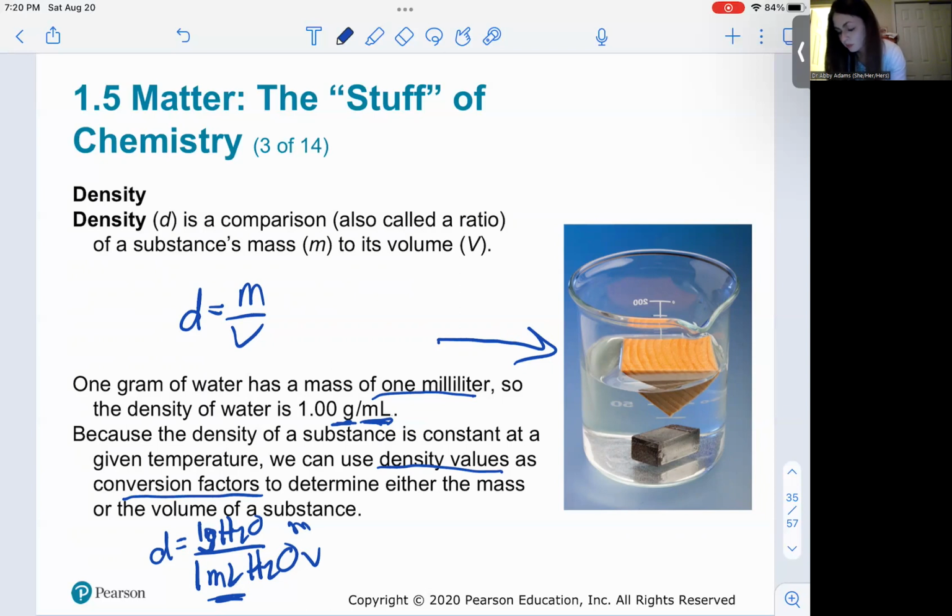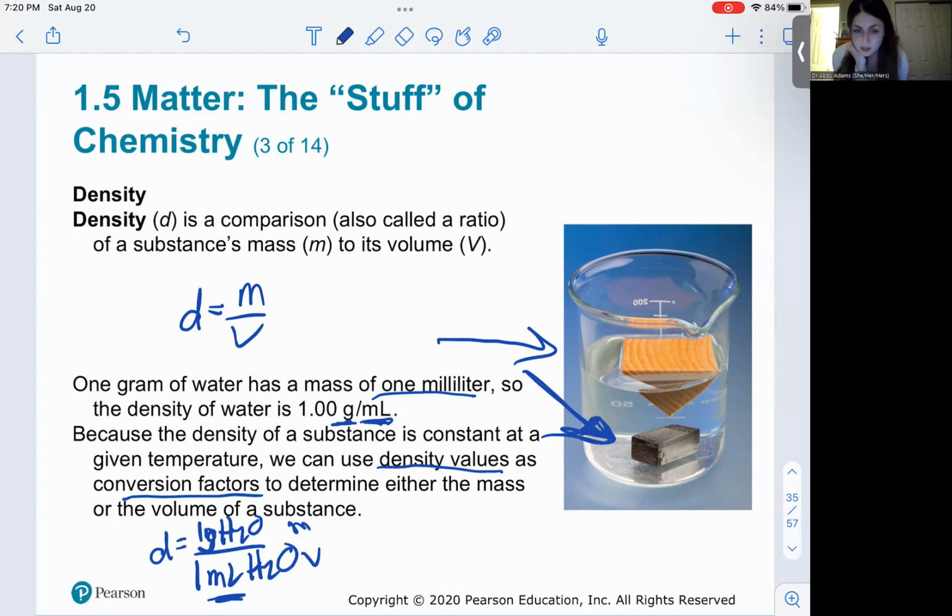Most types of wood are less dense than water, and so they're going to float, okay? Whereas you have this wood that is more dense than water, and it sinks. I mean this piece of metal right here. I don't know if I said wood again.